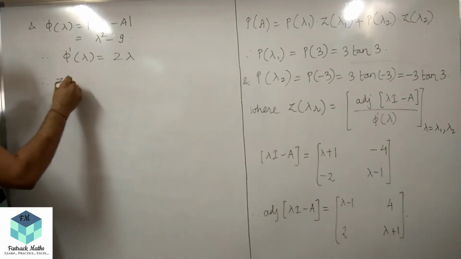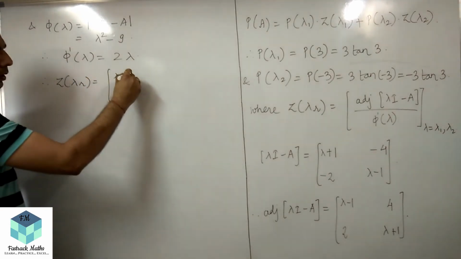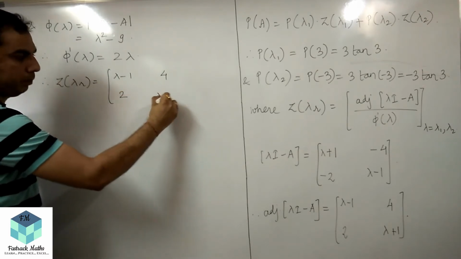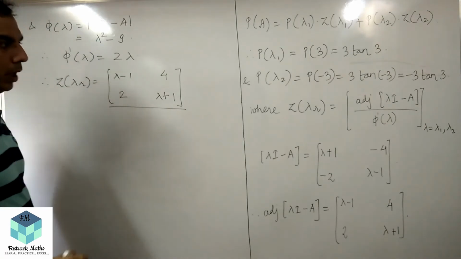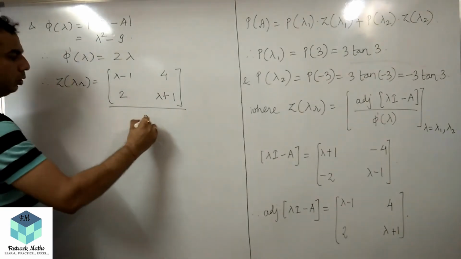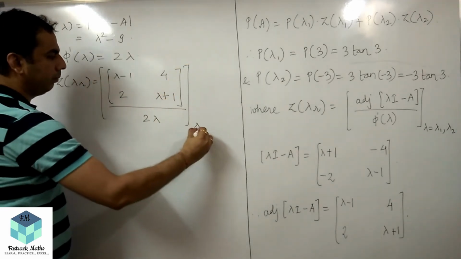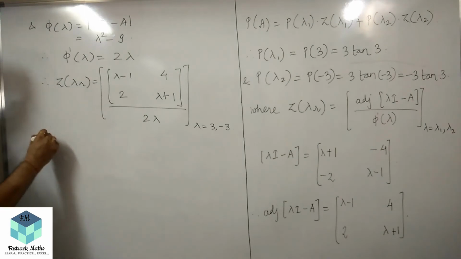Therefore phi dash of lambda is 2 lambda, and Z of lambda r becomes [lambda minus 1, 4; 2, lambda plus 1] upon 2 lambda, which we obtain at lambda equal to 3 and -3.